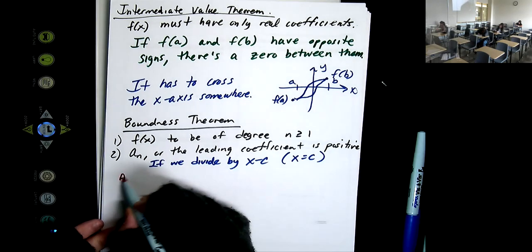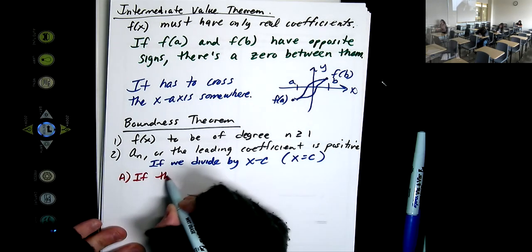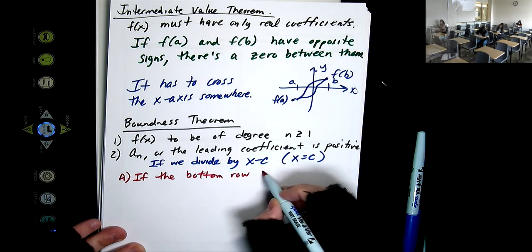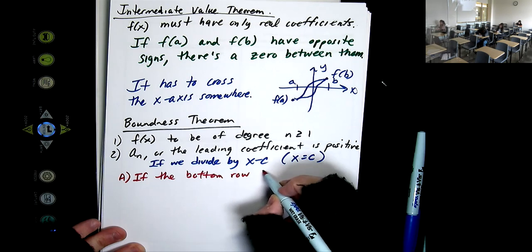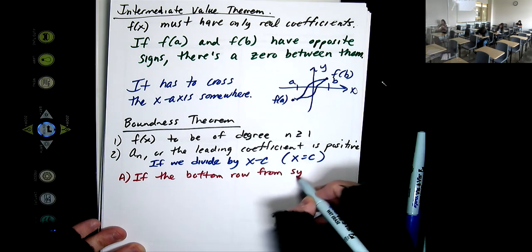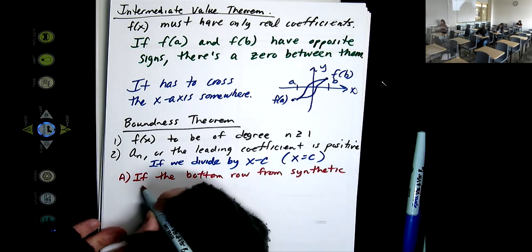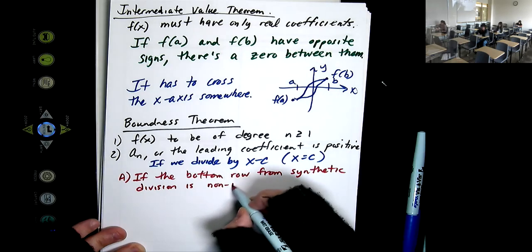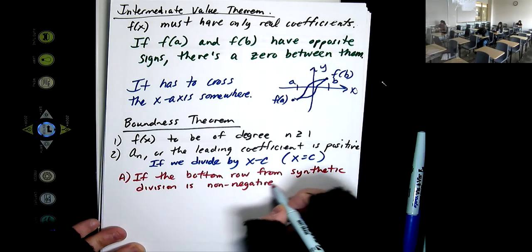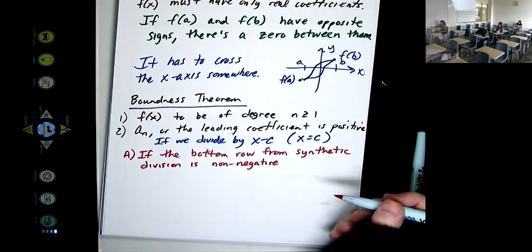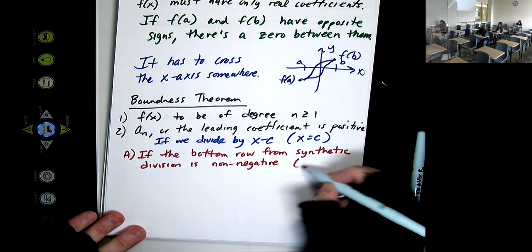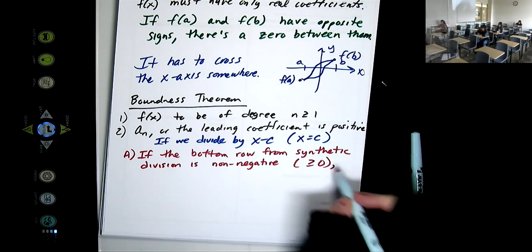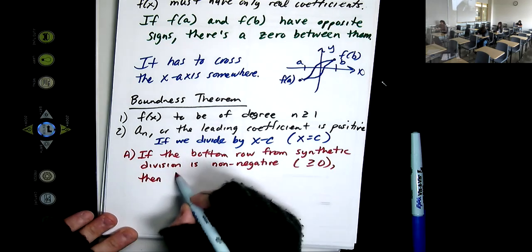So option A, if the bottom row from synthetic division is all non-negative, which means greater than or equal to 0, then there is no root greater than c.